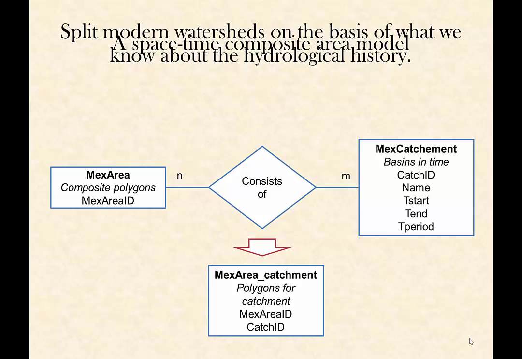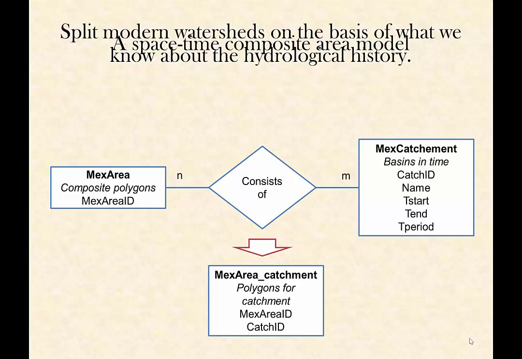I had a data model that basically consists of a set of polygons, the composite polygons, the world split into various polygons. What I want is historical catchments, a basin in time, and those are made up of many of these split polygons, which are recombined in lots of different ways to give different basins through time. That was the theory.